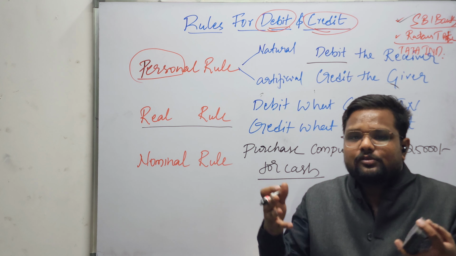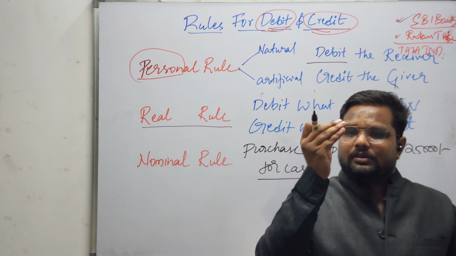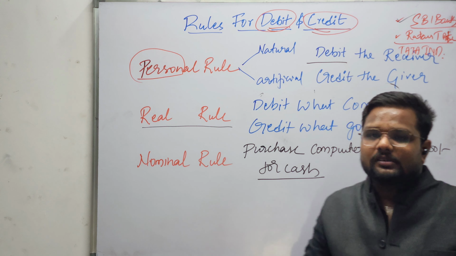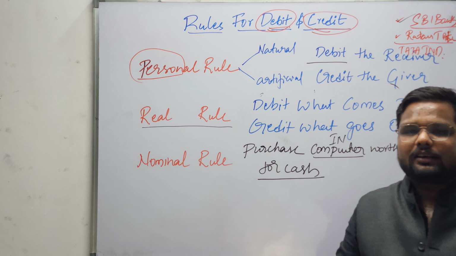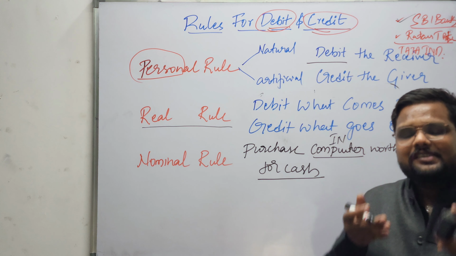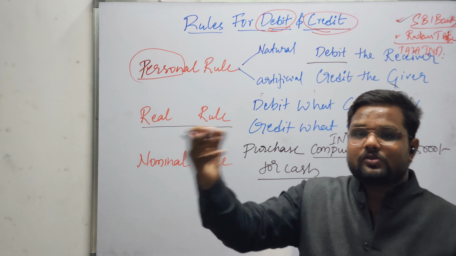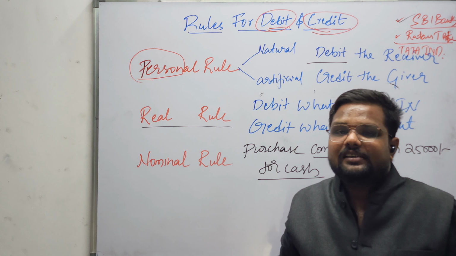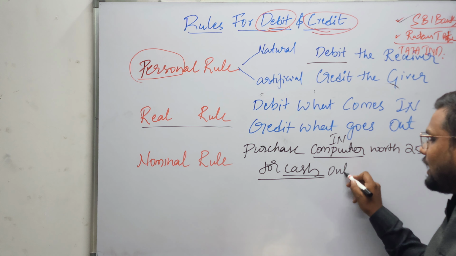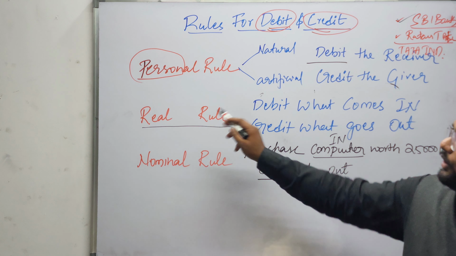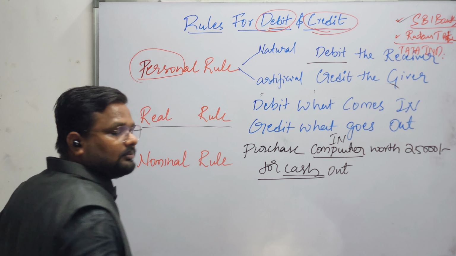What is coming in, what is going out. Now whenever you are purchasing a computer, what is coming into the business? Computer is coming into the business. And while purchasing that computer, you are paying the cash. Now cash is going out. Cash is also real. So what is going out? Cash is going out.